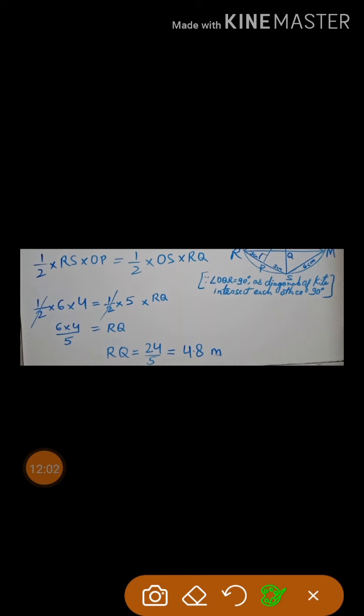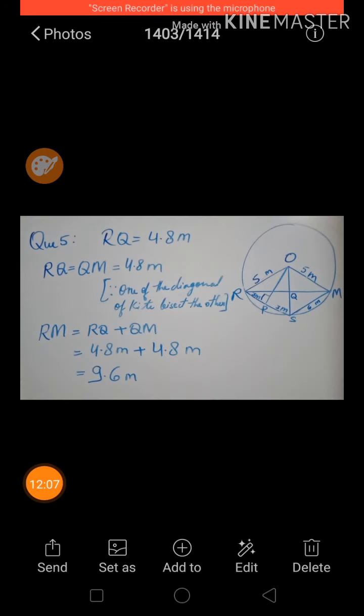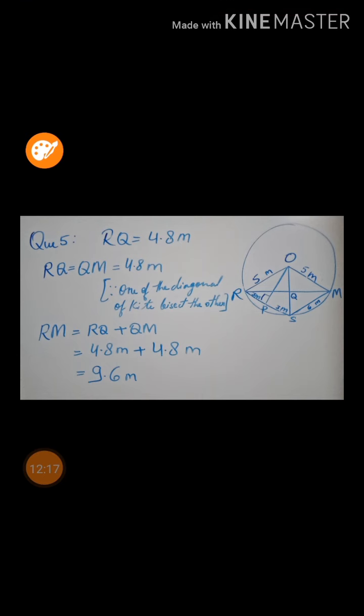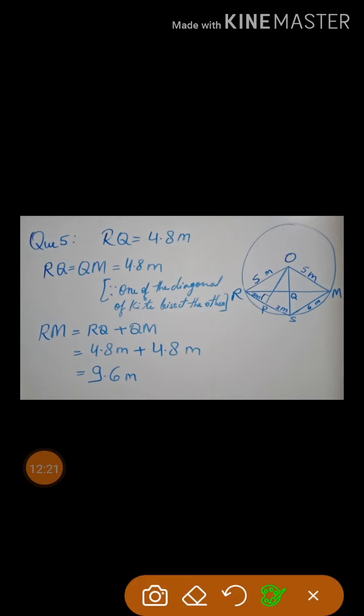The length of RQ we have got is 4.8 meter. RQ means this length. And we can also say that RQ is equal to QM. How can we say that? Because one of the diagonals of a kite bisects the other.